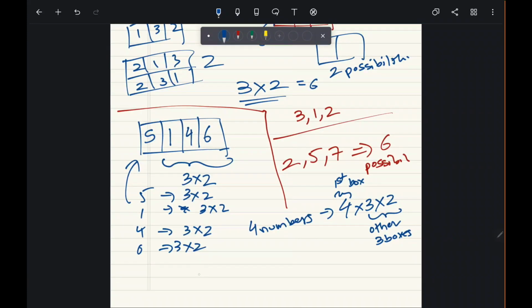This is for 4 numbers: 4 times 3 times 2, and then I can just add 1 here. So this is basically 4 factorial. So for k numbers, it's going to be k factorial ways of arranging the same k numbers.